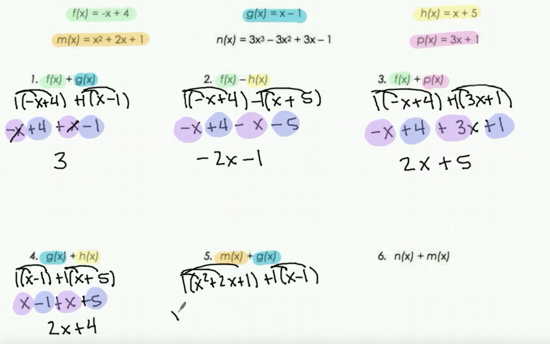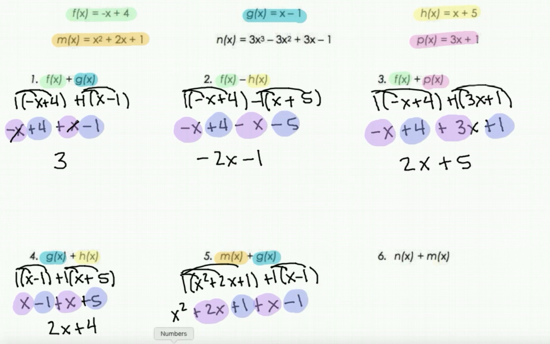So 1 times x squared is x squared. 1 times 2x is 2x. 1 times 1 is 1. 1 times x is x. And 1 times negative 1 is negative 1. Combine my like terms. So my 2x and my x. And then my positive 1 and my negative 1.